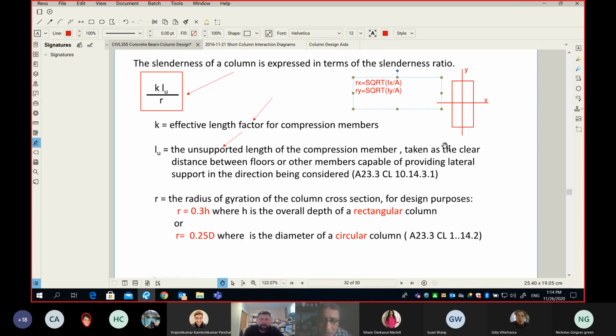Now, is that our case? We're designing reinforced concrete columns, which are a combination of concrete and steel. That's why estimating the radius of gyration is not as easy as for steel or wood. So anyway, I'm going to make it simple for you.